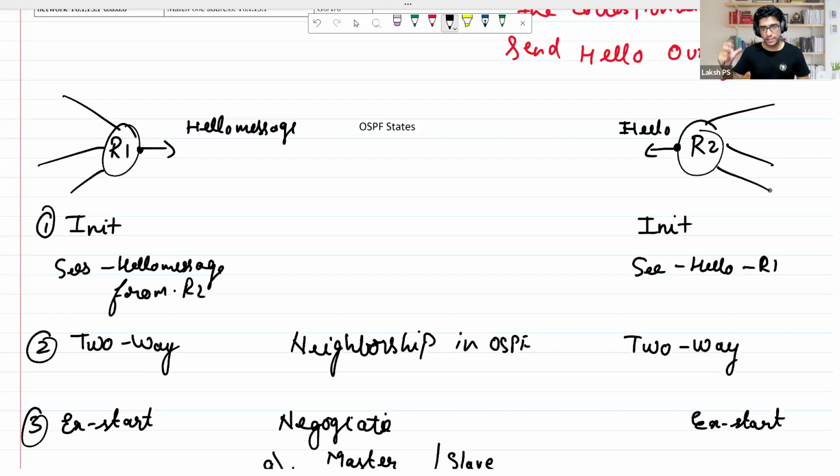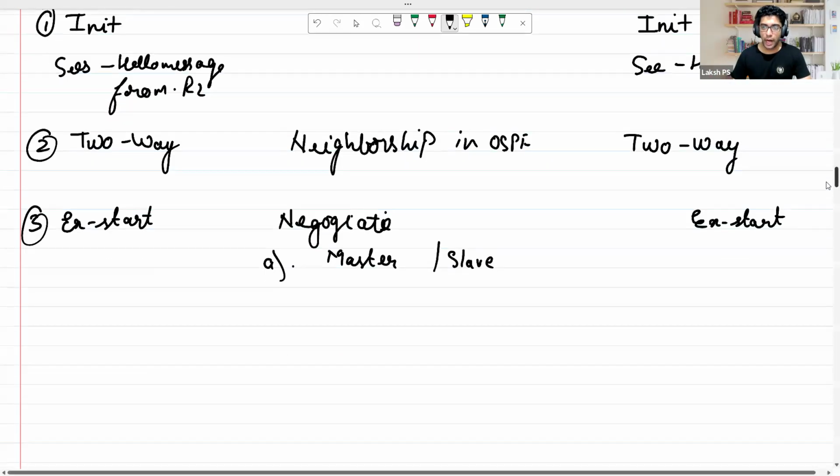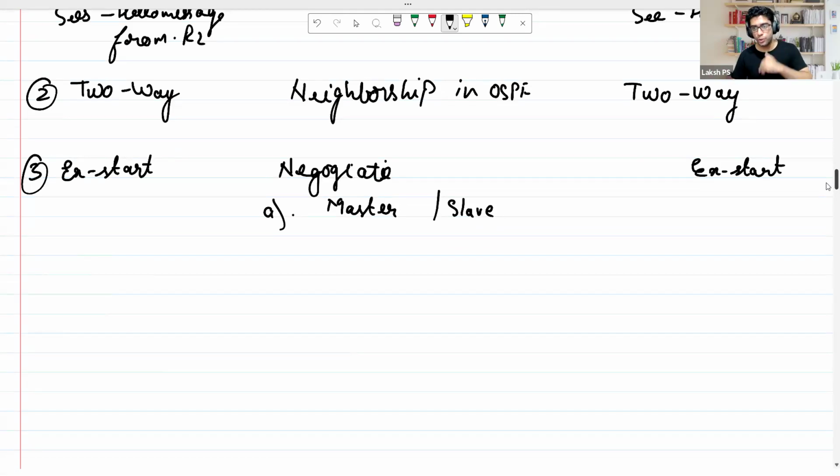So whichever device is the source, he is the master. Whichever device is the destination, it is going to be the slave. So these two routers need to identify for this unidirectional exchange of data who is going to be the master and who is going to be the slave.